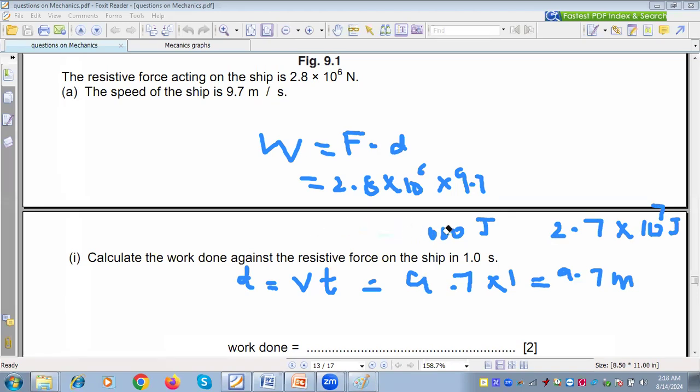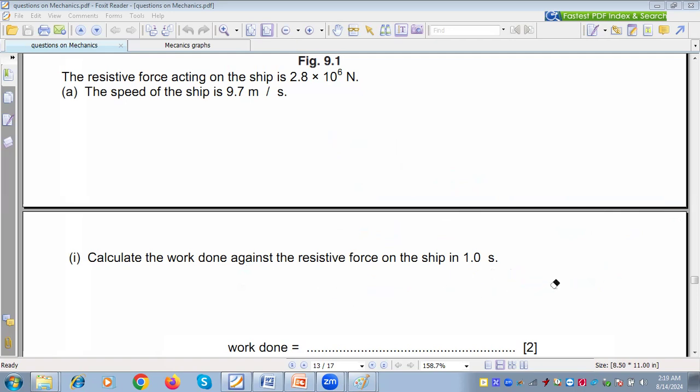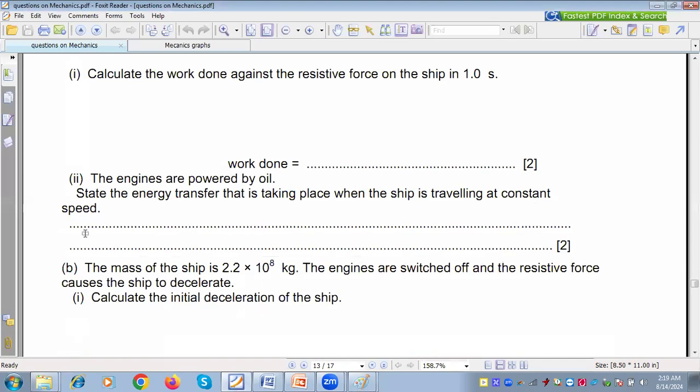So if the number of significant figures is taken care of, that will give a good impression to the examiner. And in ATP papers, if the answers are not up to the appropriate number of significant figures, marks are deducted at some points. In paper 2, you may not be penalized, but it's good to write the answer in appropriate significant figures.